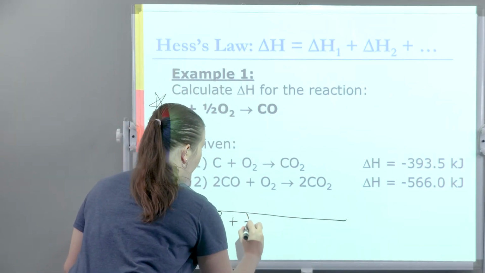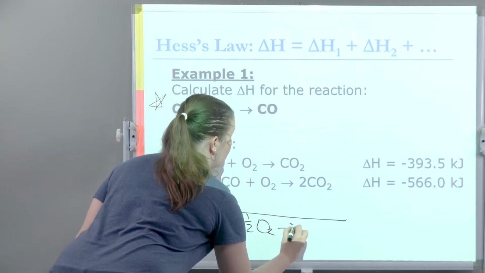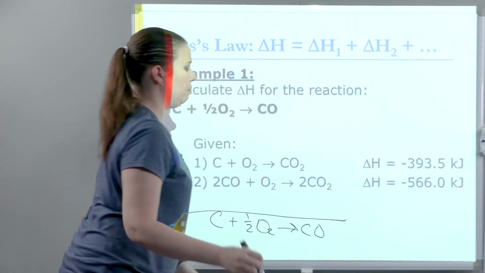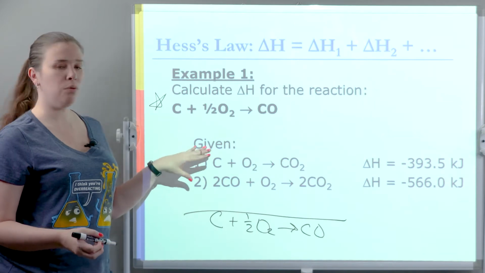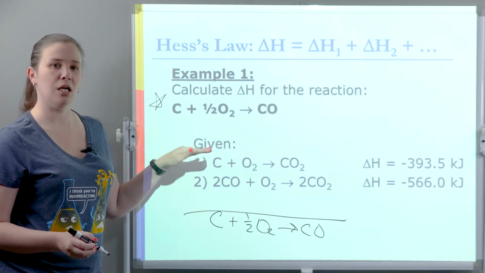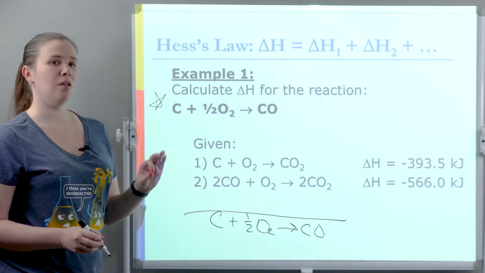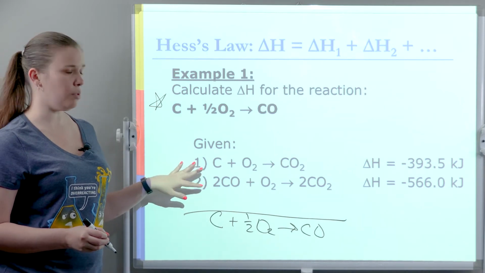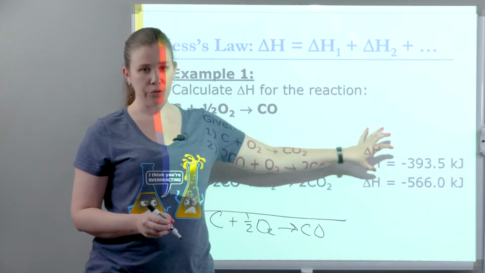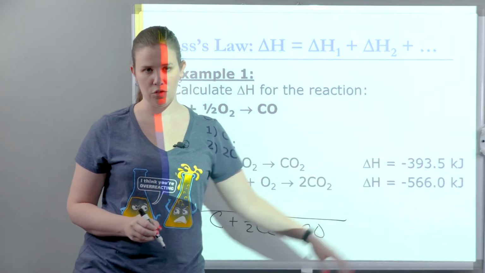Carbon, half an oxygen mole, and 1 carbon monoxide. I want to do things to these 2 equations in order to get it to add up to that final equation. Then whatever I'm doing to each equation, I want to do also the right thing to the delta H.